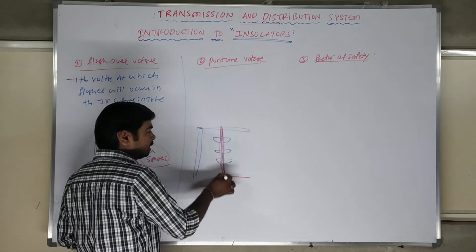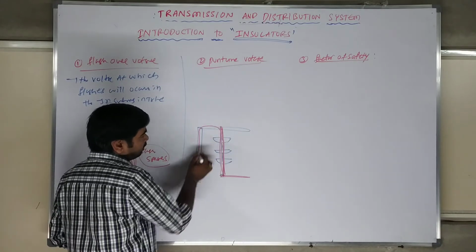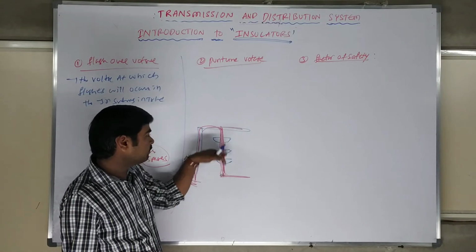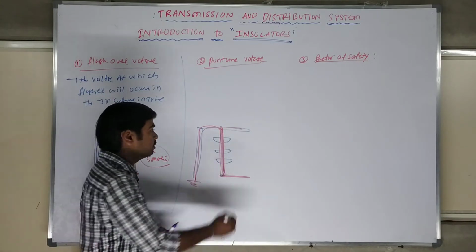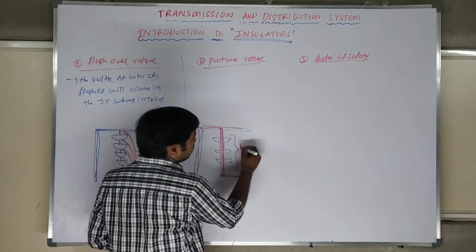Then the complete current will flow from the power conductor through the insulator to the earth wire. At that time these insulators are permanently damaged.